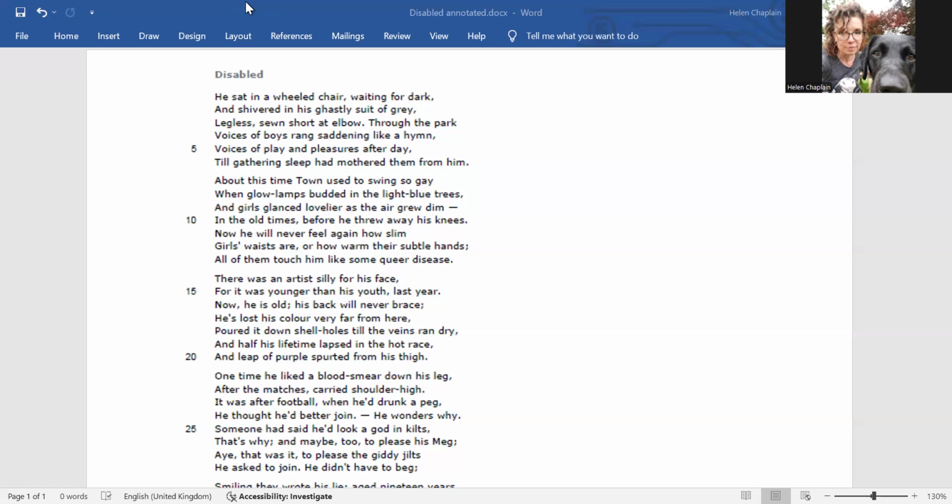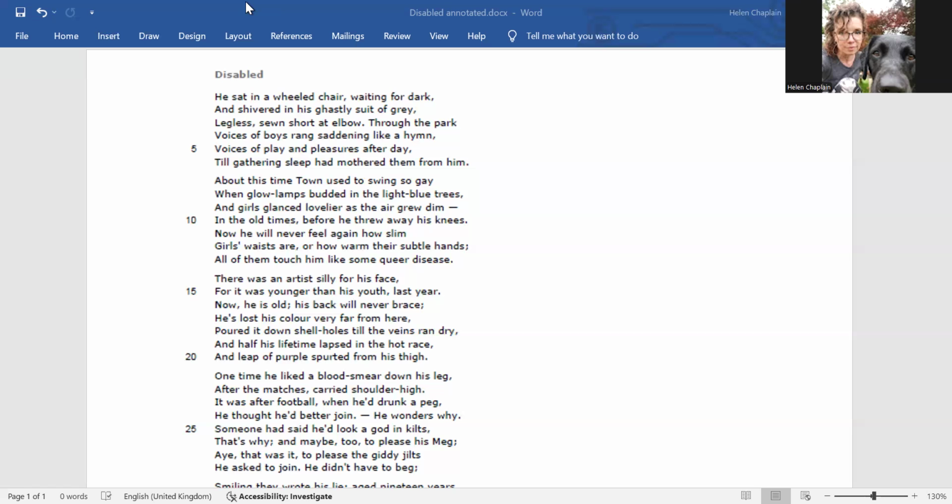What Owen's actually doing is using this third person narrator, and he is allowing that narrator access into the disabled soldier's thoughts. So it's not the disabled soldier saying, I am sitting in a wheelchair. We're very much one step removed, but we do know what memories he's reflecting on, what he's thinking, what his hopes were, what his fears are.